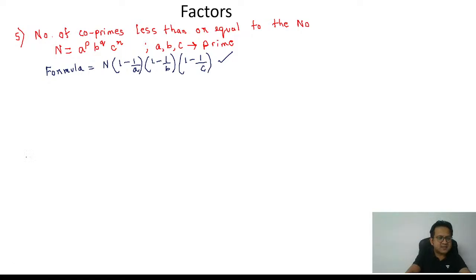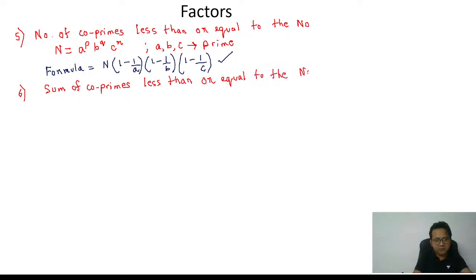Next, point number 6 that they might ask you is the sum of co-primes less than or equal to the number. What is the formula for this?